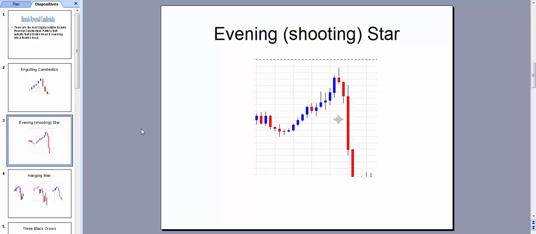Proceeding to another one, which is the evening star or the shooting star. This is another very strong candle pattern that indicates an uptrend reversal. This is the candle that I'm talking about. As you see right here, this is the criteria of the evening star or the shooting star.